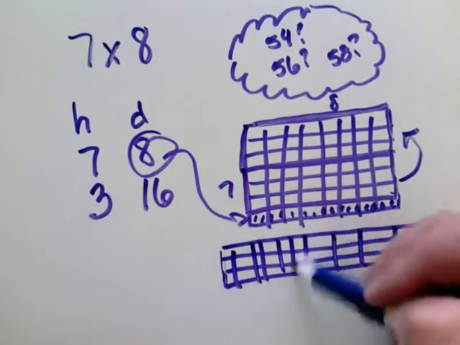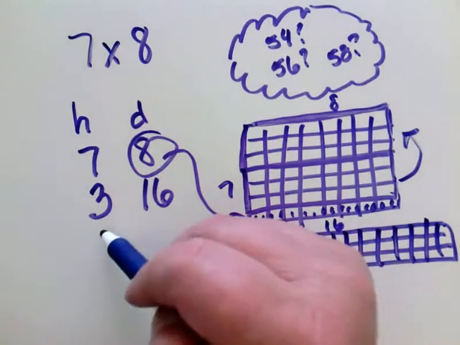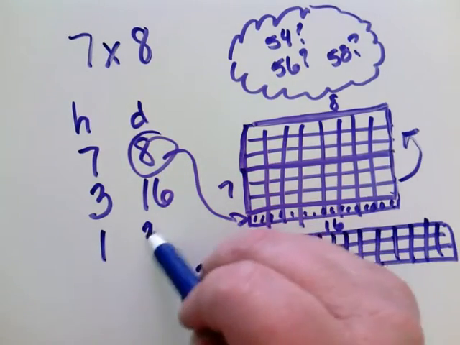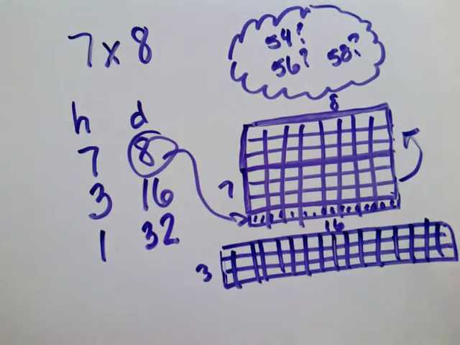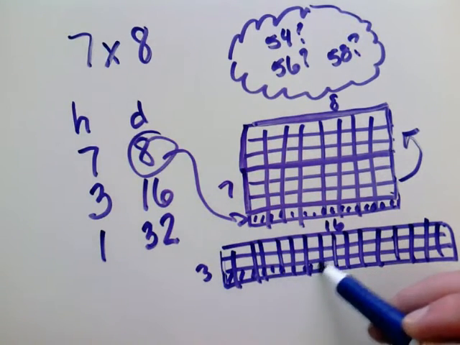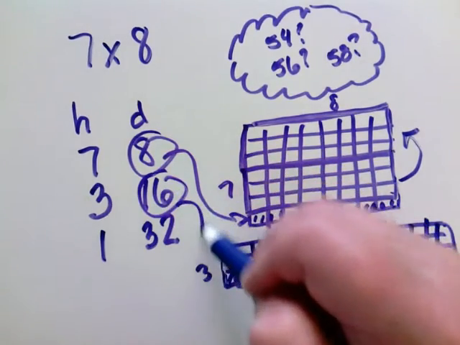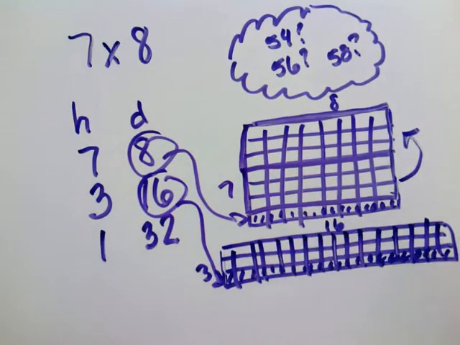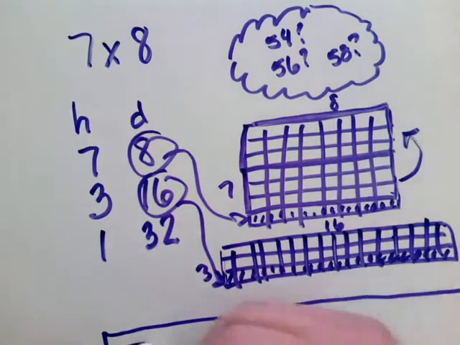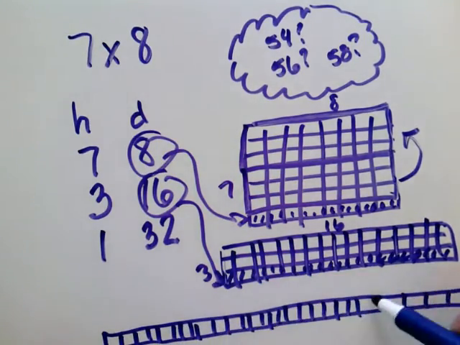Now we've got 3 groups of 16, and since 3 is odd, we'll have to drop the 1/2 in the 1.5, but we can double 16 and get 32. So when we have 3 and get 1, we're saying we can get one group of 32, and then we'll have a leftover group of 16.